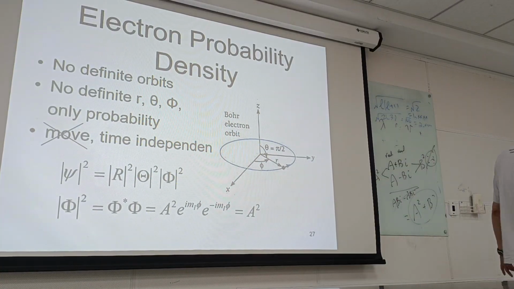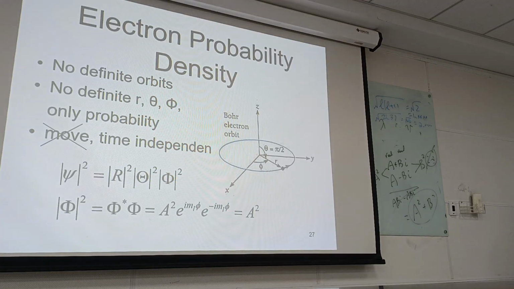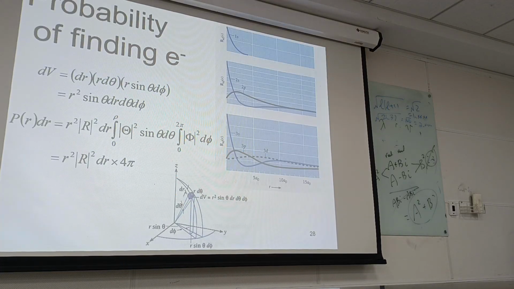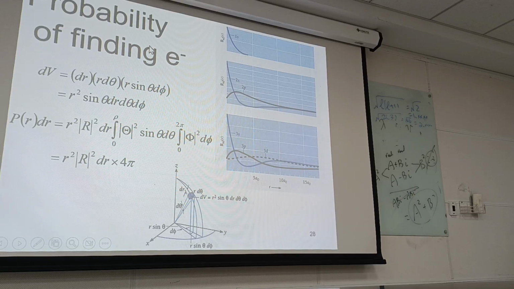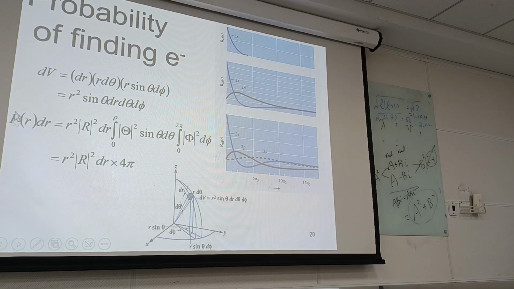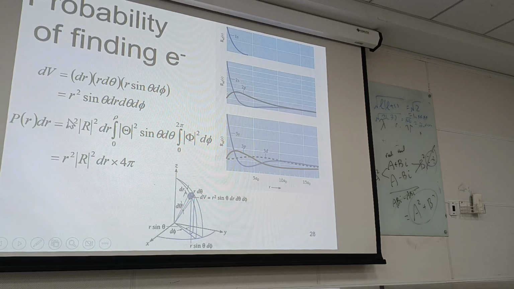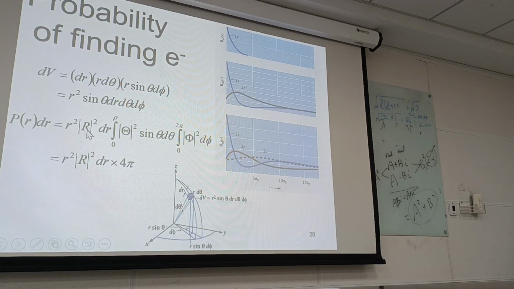This is the probability density. So we need to get the probability density: it's R squared, theta squared, phi squared. Everything needs to be squared.